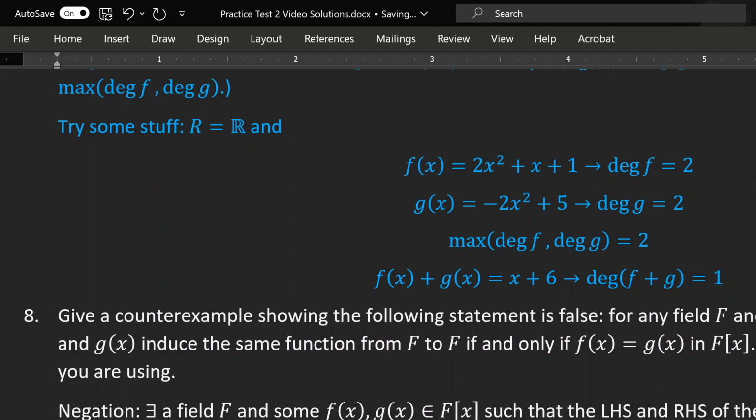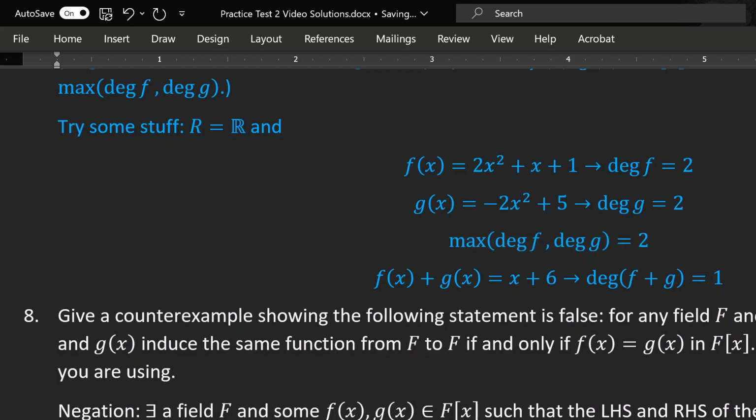So we're looking for the field, f(x), g(x), such that f and g induce the same function, but they are not the same as polynomials. So in other words, they have different formulas.